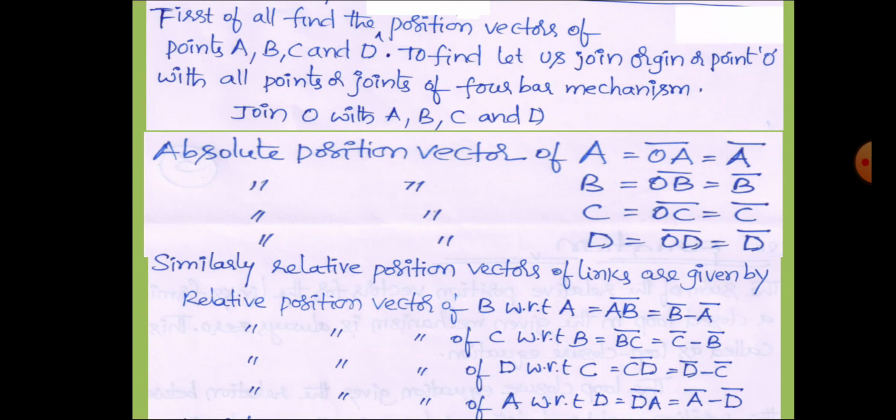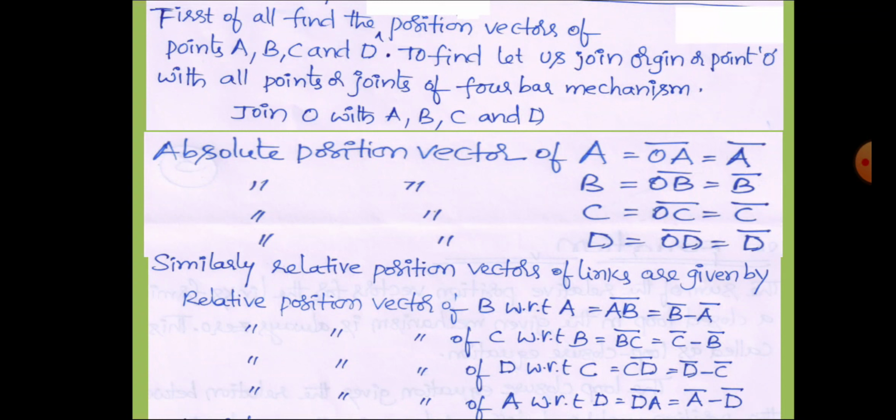So the relative position vector of point B with respect to A is equal to AB bar, that is equal to B bar minus A bar. Simply remember, AB bar means B bar minus A bar. Why not A bar minus B bar? Because I am finding the position vector of point B with respect to A, the relative position.